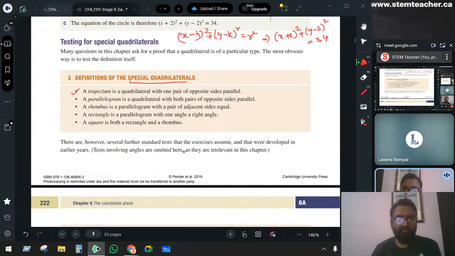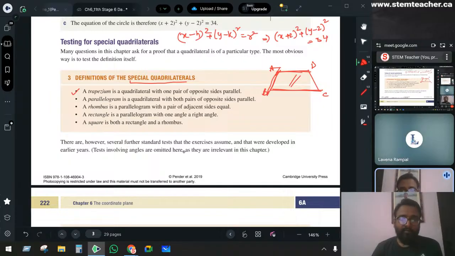That is called a trapezium. When you draw this, it is A, B, C, D. AD is parallel to BC. These are two parallel sides, but the other sides are not parallel.